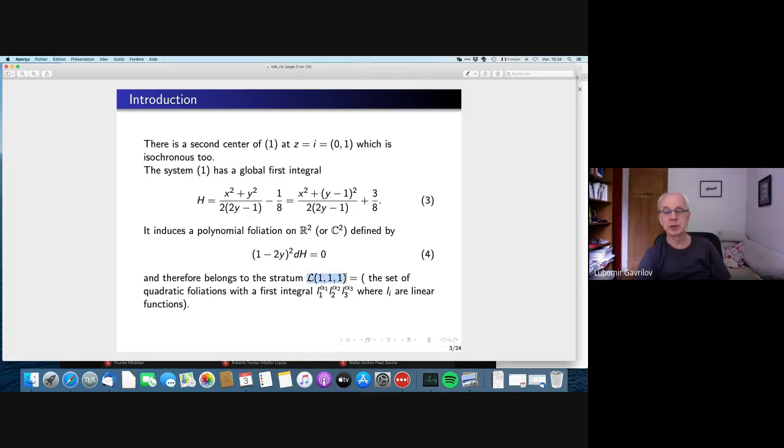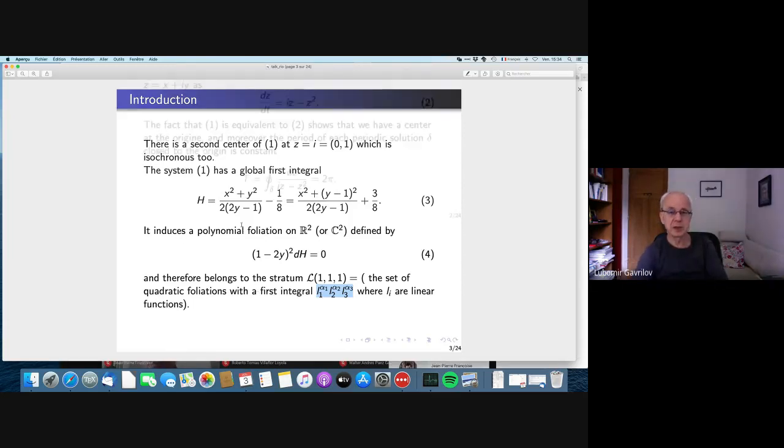This is the terminology used by people who deal with foliations. It means that it has a first integral which is a product of three linear factors with some powers. So it has a first integral of logarithmic type.